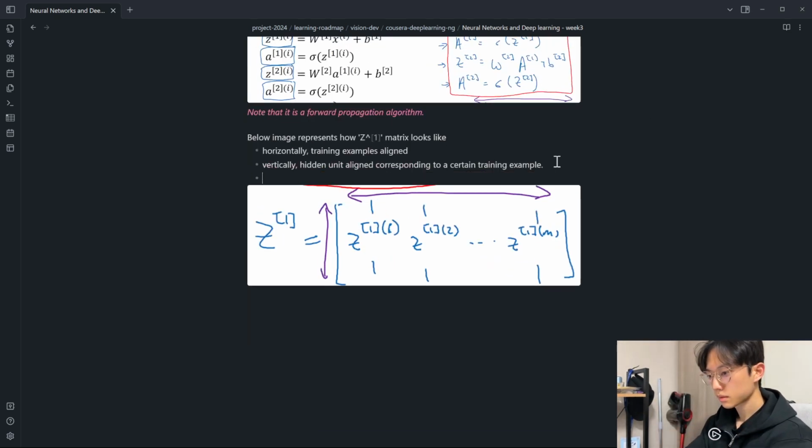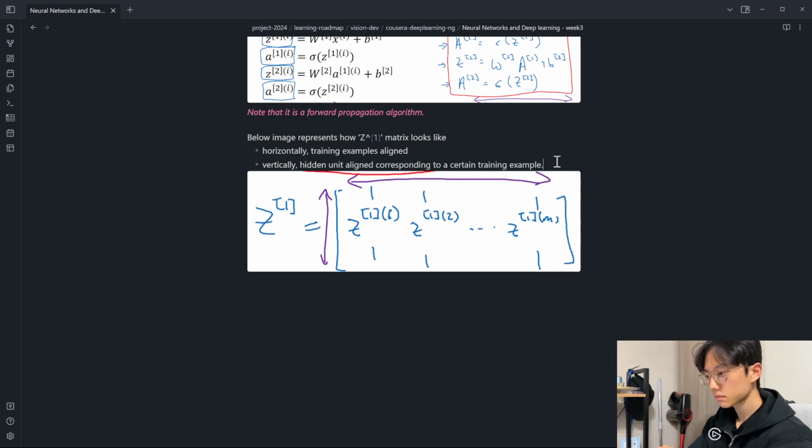And for each of these values, Z1, A1, Z2, A2, let's stack up the corresponding columns as follows. This example is for capital A1, but this is true for Z1, A1, Z2, and A2.